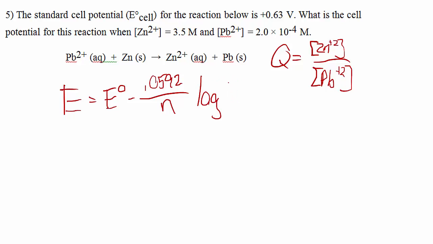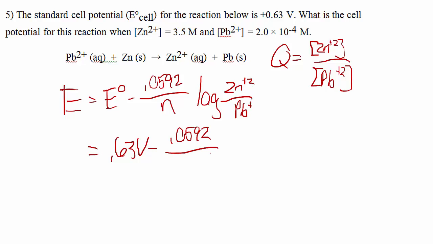So we just plug that in, right? Zn plus 2 all over Pb plus 2. Let's plug some of those numbers in. 0.63 volts minus 0.0592 all over how many electrons are being transferred. Pb goes from positive 2 to 0. That's 2 electrons. Let's look at zinc to confirm. It's going from 0 to plus 2. It is also 2 electrons.